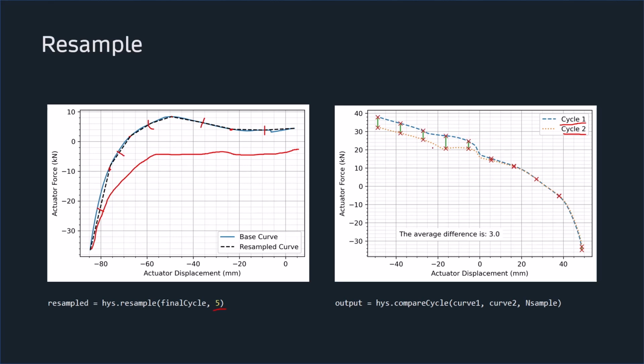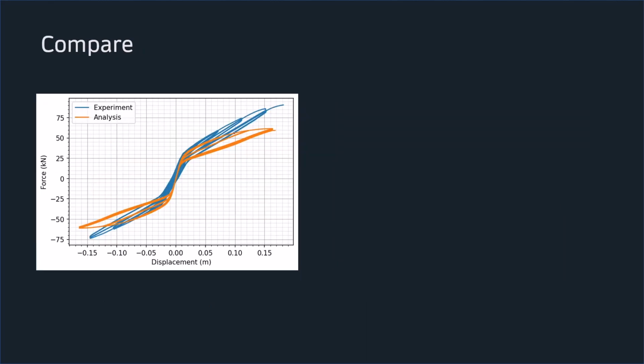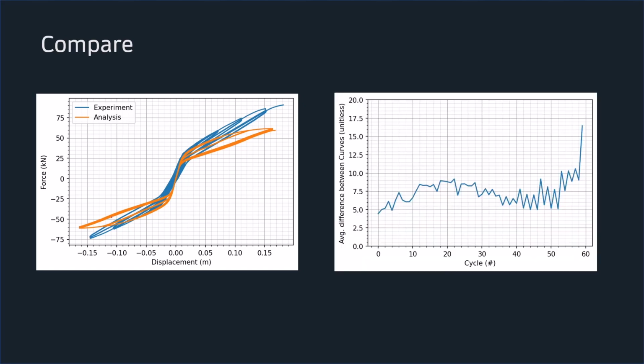Because we can do this for each cycle, and we can break up each hysteresis into its cycles, we can actually compare each hysteresis. So we can, for example, at each cycle, compare how similar those are. So resample each cycle, and then get something like we're seeing on the right, which is showing for the number of cycles how similar each one is.